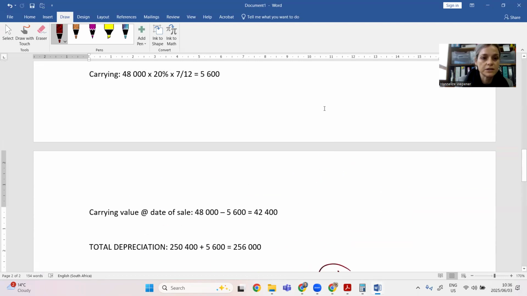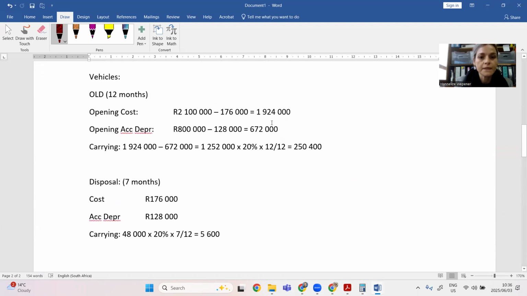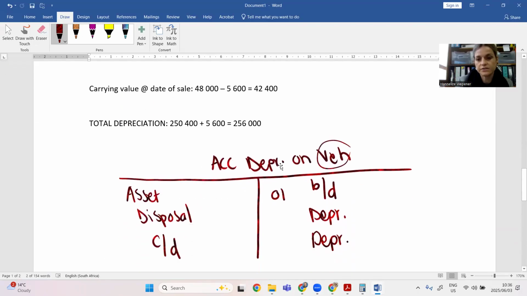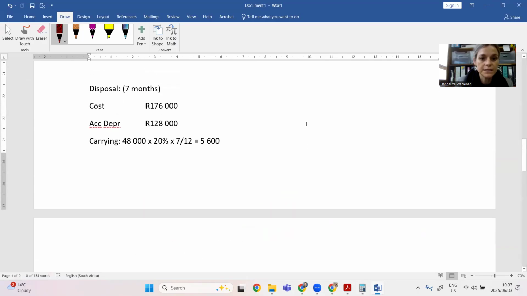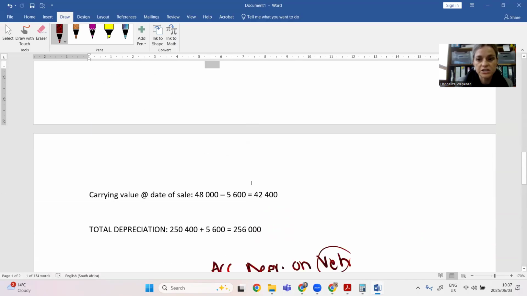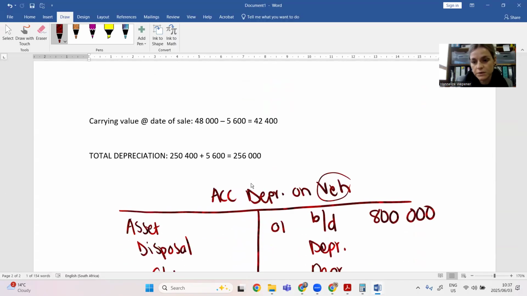So we started with our vehicles. We started with accumulated depreciation of 800,000 Rand. So that's the opening balance. It includes the disposal because remember, we're only going to remove the disposal at a later stage. Then for the current year on that disposal, we said that we have depreciation of 5,600 that we then calculated and recorded. So now we are posting it. There we go.